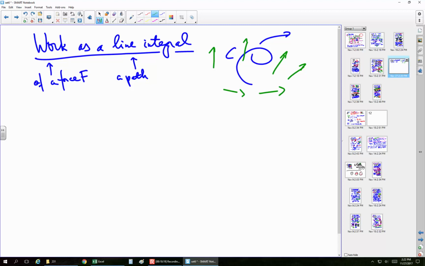Before we do that, let's start as always with the simplest situation, just to refresh your memory about the physics of what's going on here, before we take it all the way to the most general case, a force field and a path through it.